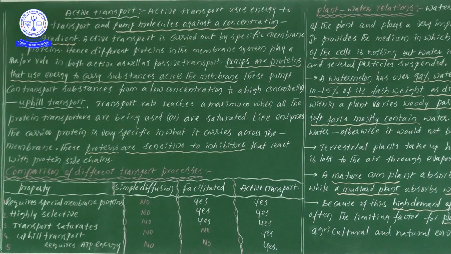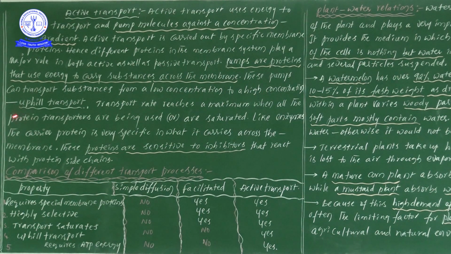Next one, these pumps can transport the substances from low concentration to high concentration. Such a phenomenon we will consider as uphill transport. My dear students, if you were in front of me, I would tell you to read this statement two or three times.